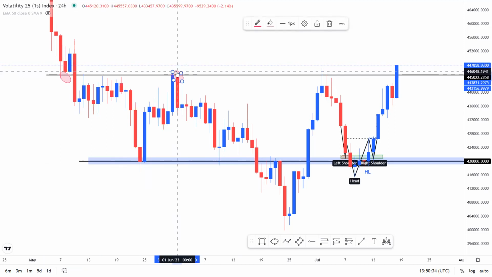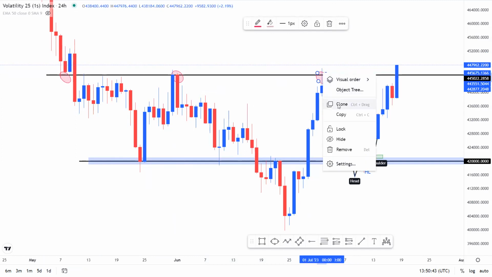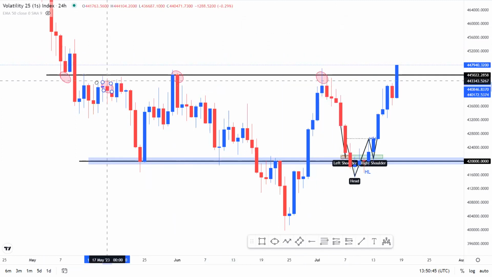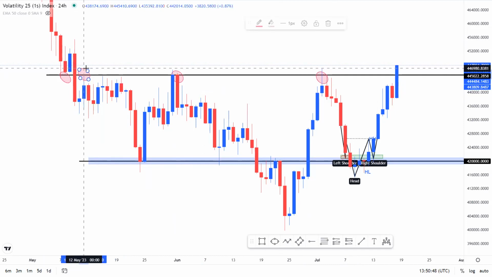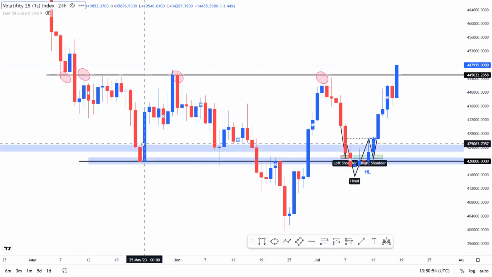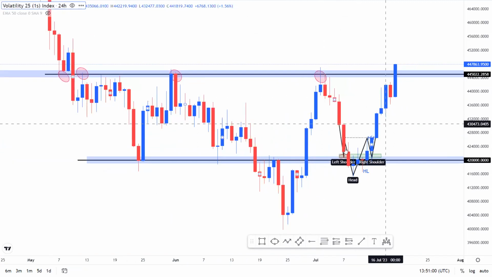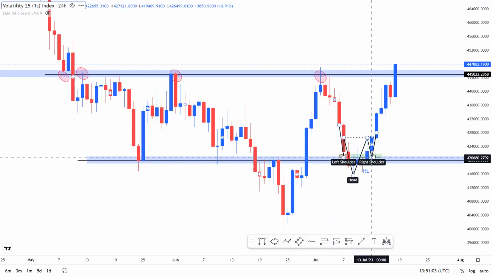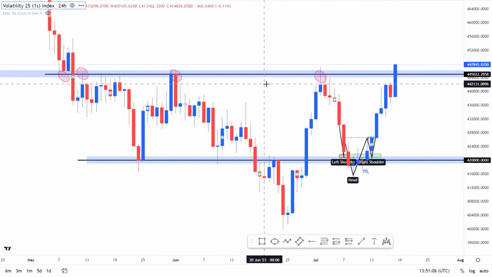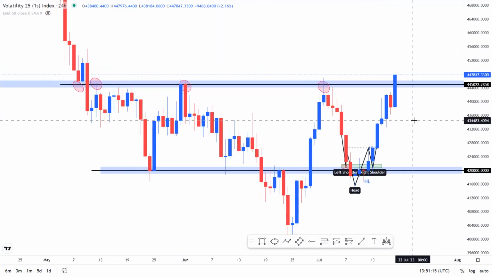The level acted as resistance right here, also as a resistance, and then the level also as a resistance here. So I was anticipating the potential right shoulder to take off from this level and then come into our daily neckline, where I had my take profit set for this buy trade opportunity right here.